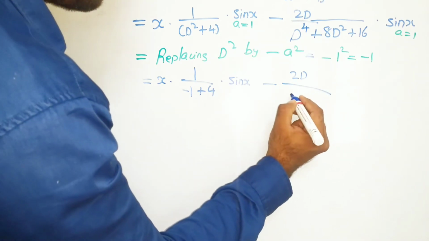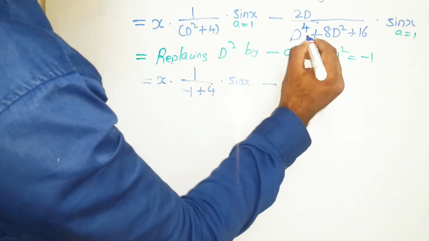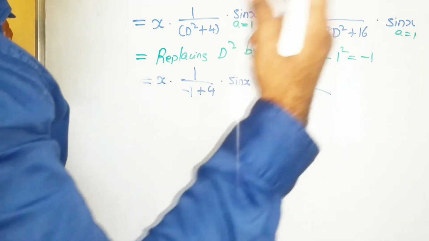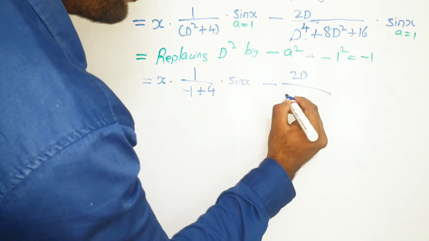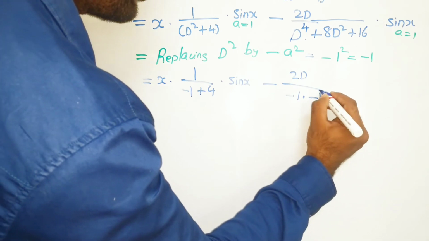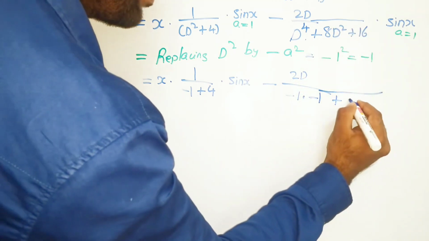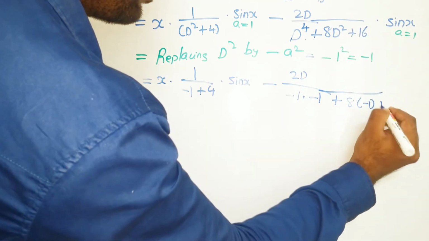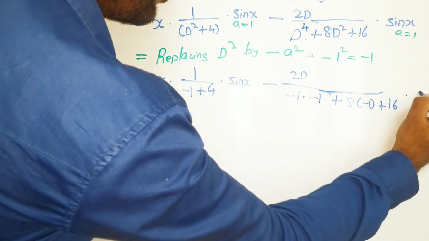I can also write it as D square into D square. Is it? D to the power 4 is equal to D square into D square. That means minus 1 into minus 1 plus 8 into D square means 8 into minus 1 plus 16 into sin x.